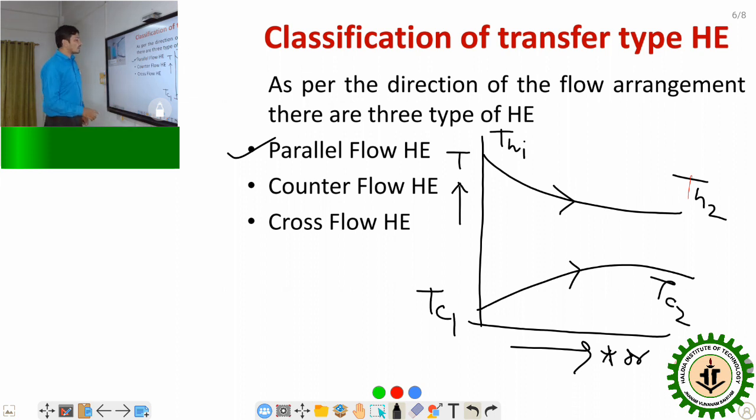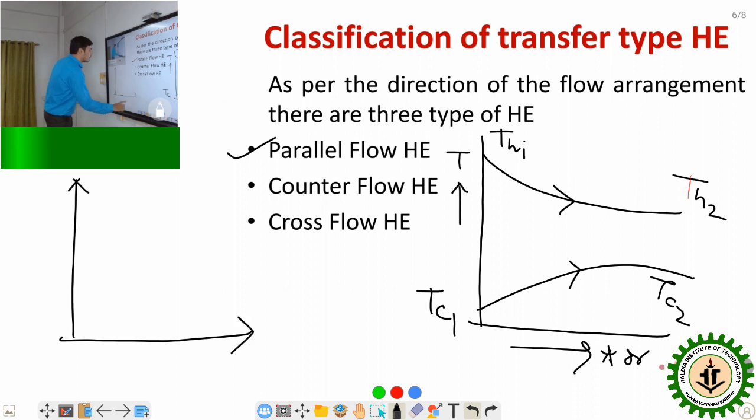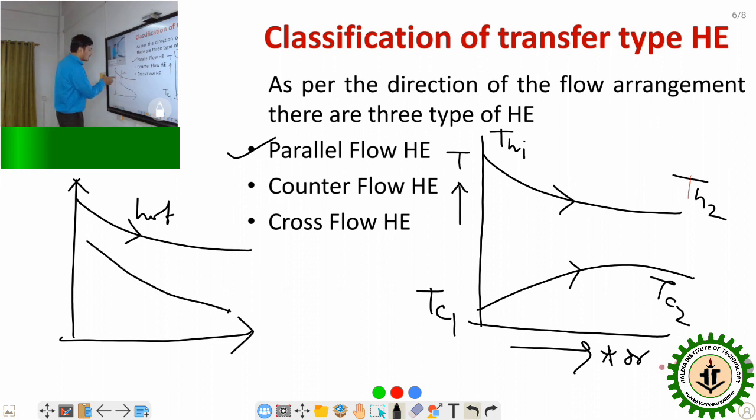Next we'll go for the counter flow. Same thing, but the direction of flow of the two fluids is different, meaning in opposite directions. Suppose this is the hot fluid, and the cold fluid like that.